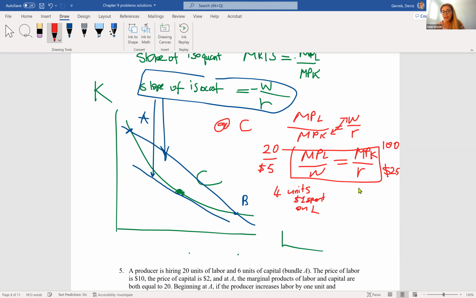So again, 100 divided by 25 is 4 units of output per dollar spent on capital. So we're trying to find this equality. Once they're equal to each other, we are producing with the optimal combination of labor and capital, which is here. I'm going to mark it L star and K star.